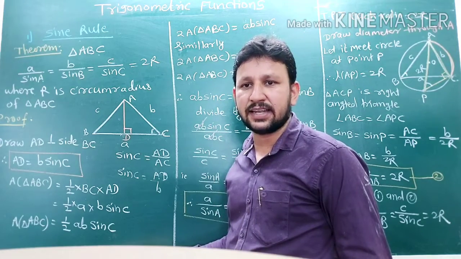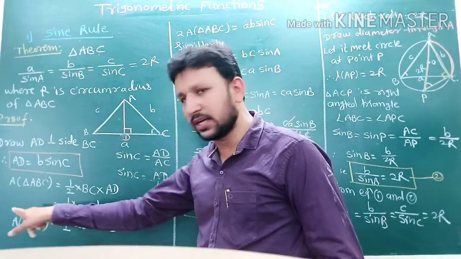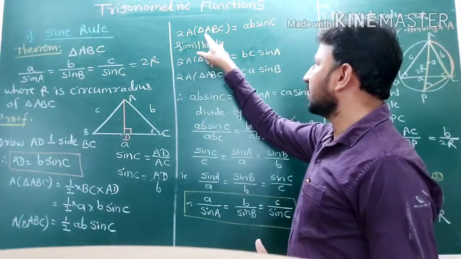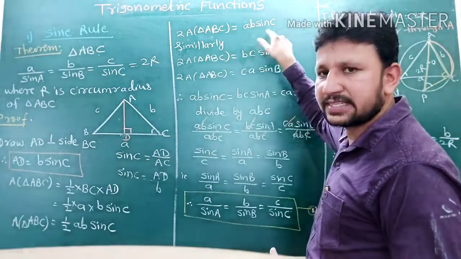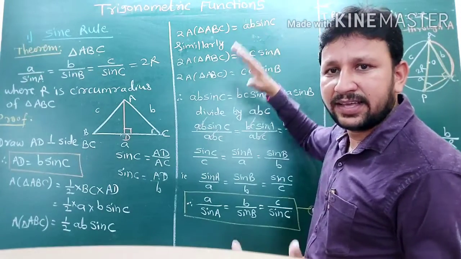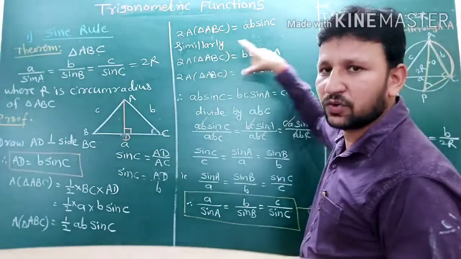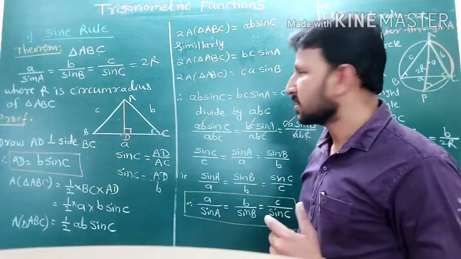After getting this area of triangle ABC, the denominator 2 is shifted to the left hand side and gets multiplied. That is, 2 times area of triangle ABC is equal to ab sine C. Similarly, for the angle A and the angle B, we can express the area of the triangle in two other different ways by taking the cyclic rotation.